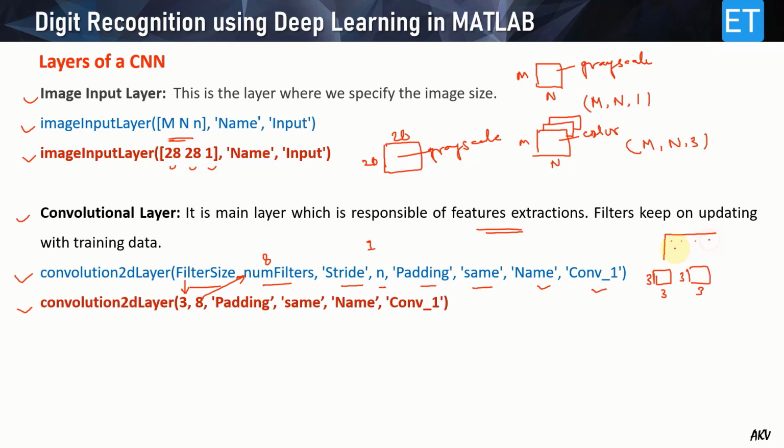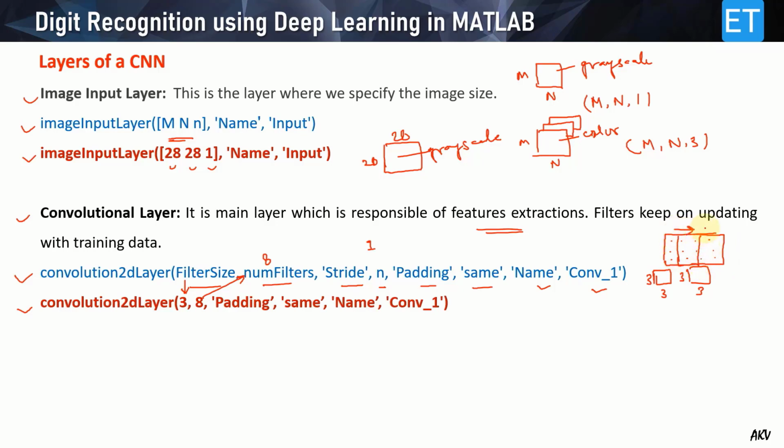So suppose this is the image pixels, and we have a 3 by 3 filter, so we get the first 3 by 3 group of pixels, and we do the convolution. After that, this filter moves to the next group of 3 by 3 pixels.